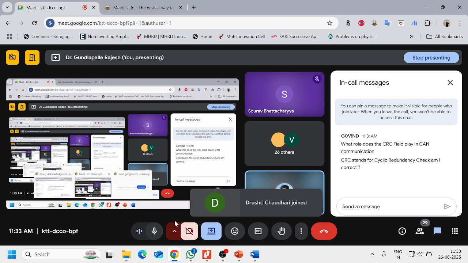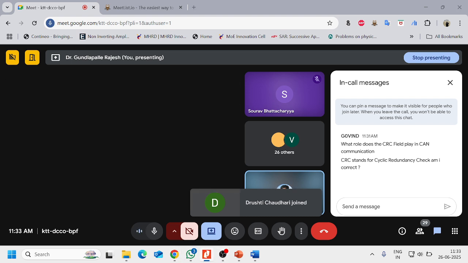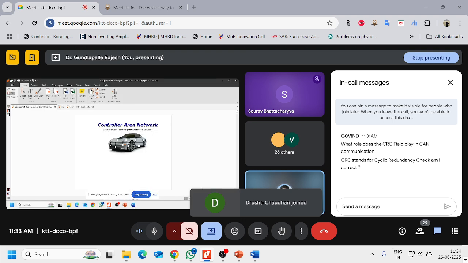Okay, then we'll move to the next technology. This is called Copper Hill Technologies, which is exactly used for automated cars, right?